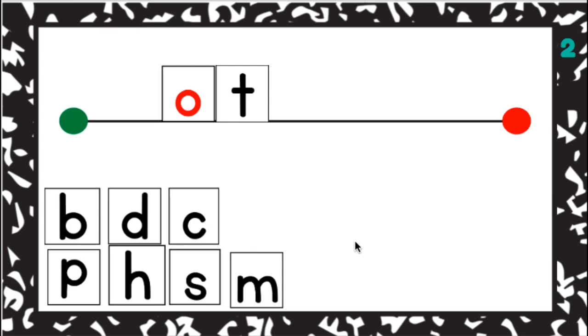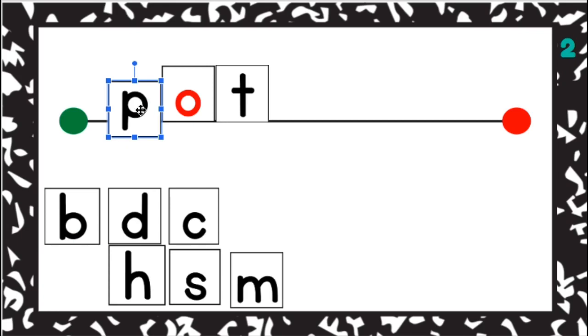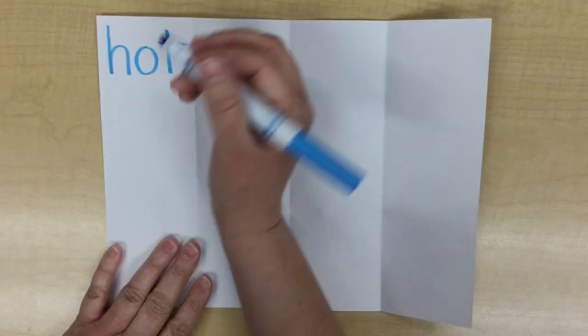If you guessed P, you'd be right. P makes the p sound. Lowercase p has a tail that hangs down below the line. So pot, p, ah, t, pot. We just changed hot to pot by changing the first sound. Please write down pot on your paper.